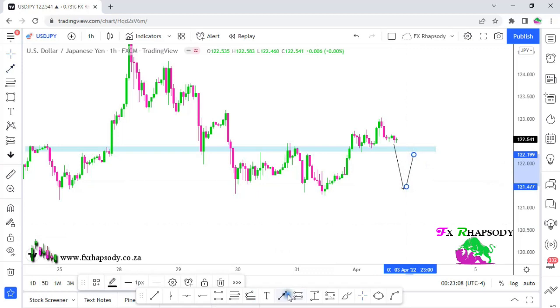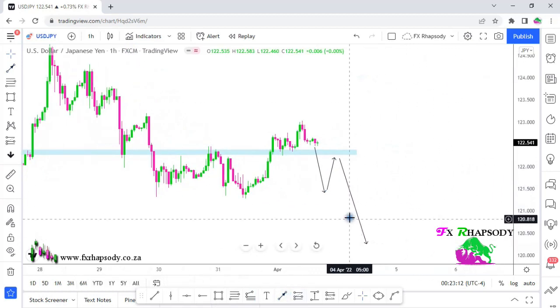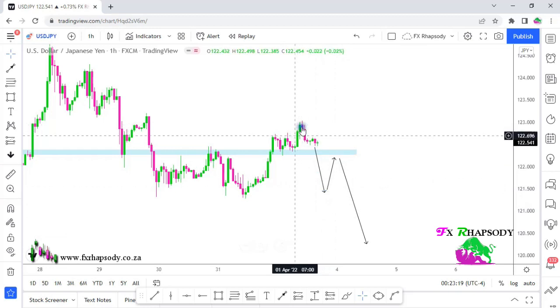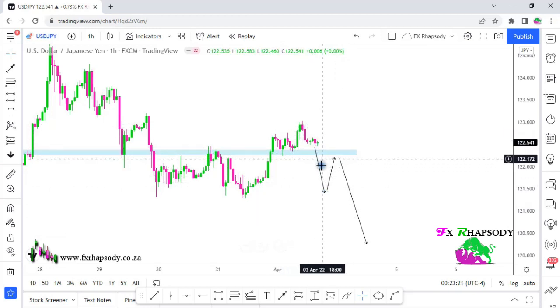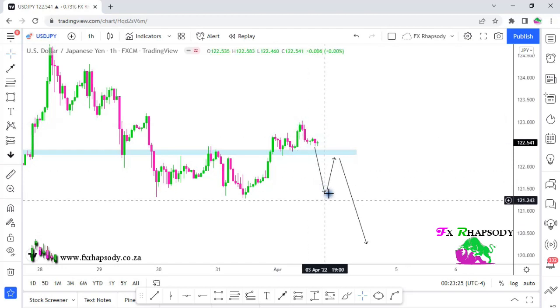I'm not saying it's going to retest it or not, but if you want to climb into the sell, you will have to wait for price to break this structure over here, come back, draw the Fibonacci from that swing high to that swing low, and then sell.